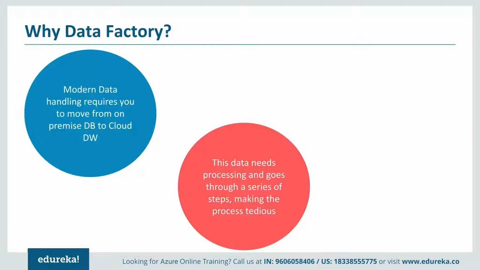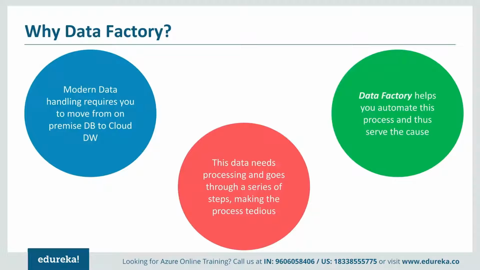Well, if there was a way to automate this process or create proper workflows, this burden would be taken care of. Now, this is where Data Factory steps in. It helps you automate this complete process. Instead of saying automate, I would say it helps you orchestrate this process in a more manageable, organizable manner. That is something that is needed, and that is why we need Data Factory, which lets you automate all these processes.